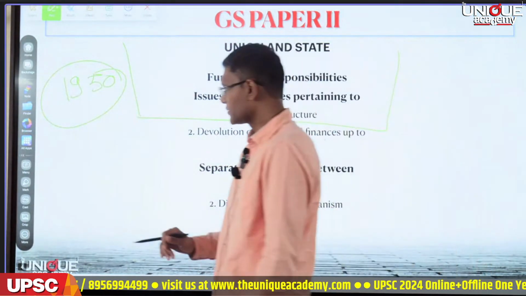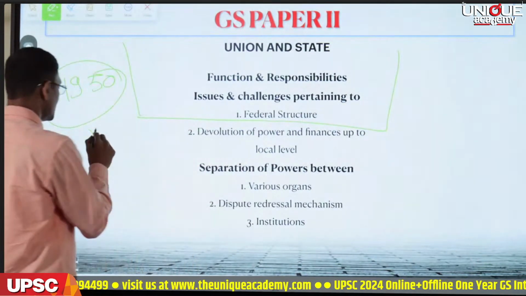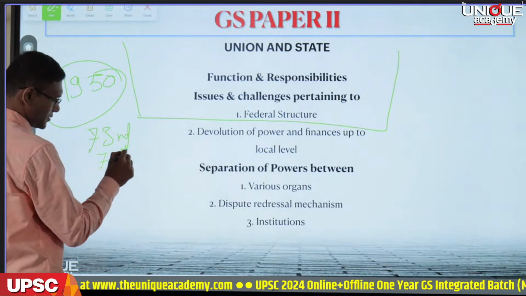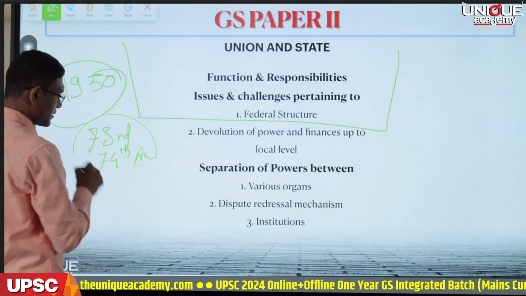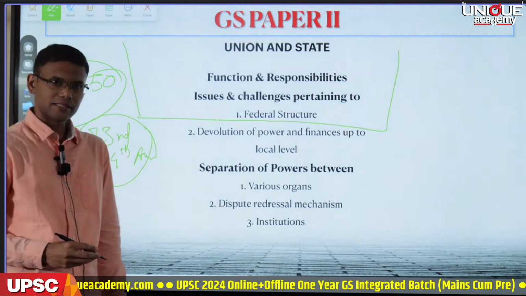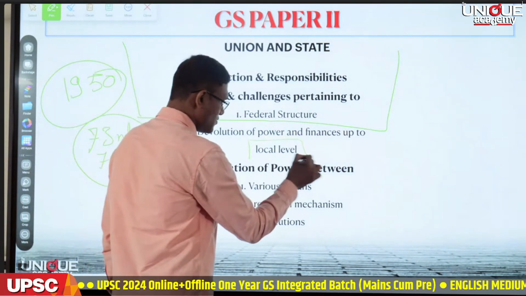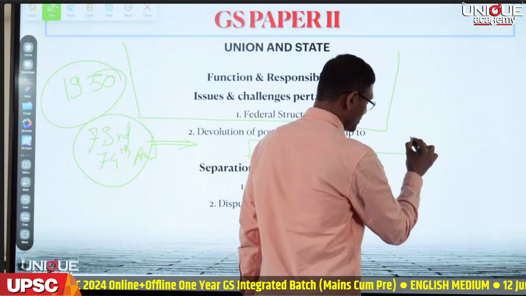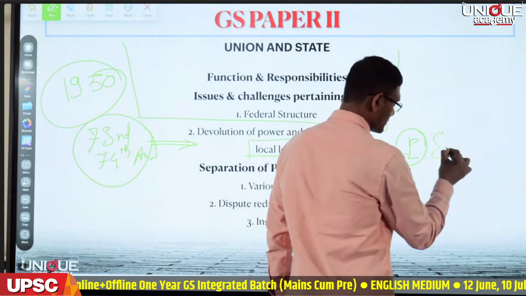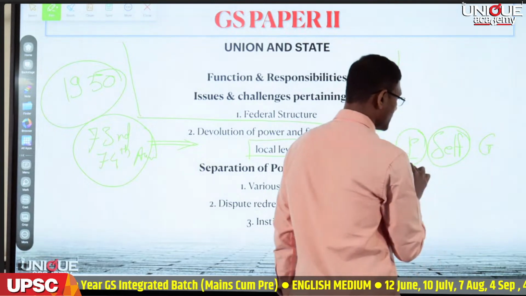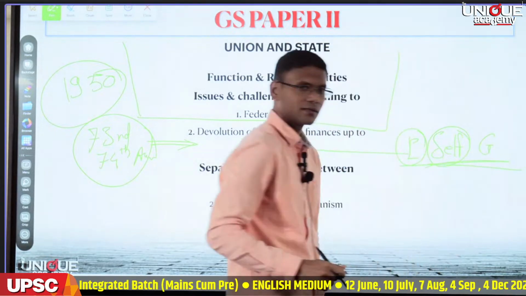What we did is the 73rd and 74th amendments. We enacted these amendments and brought in something called local self-government.